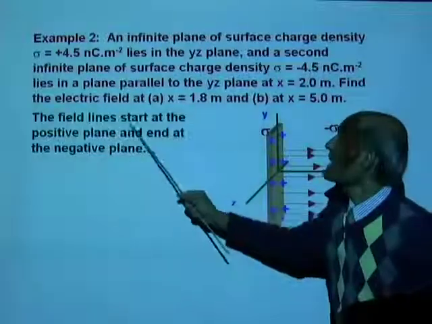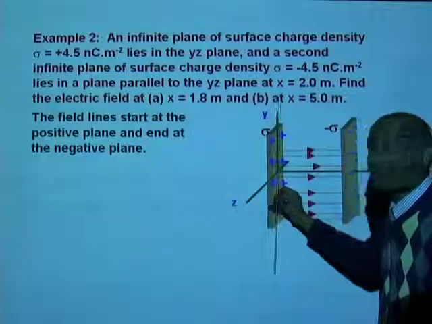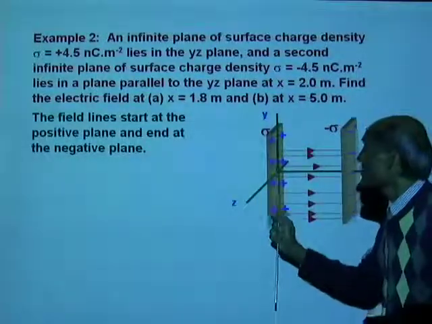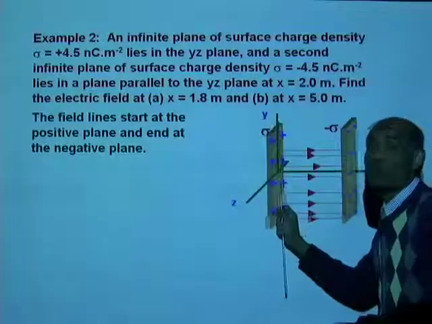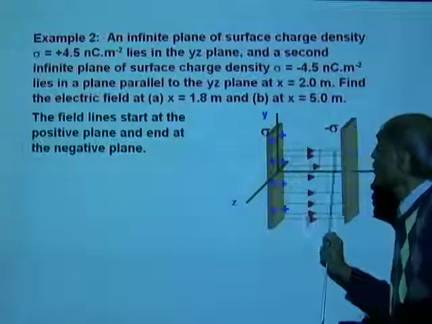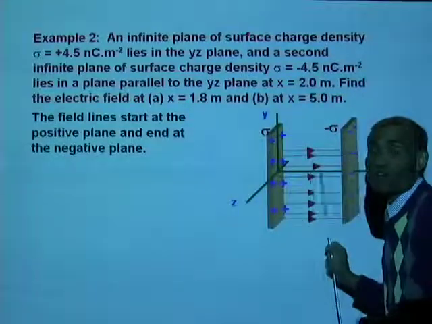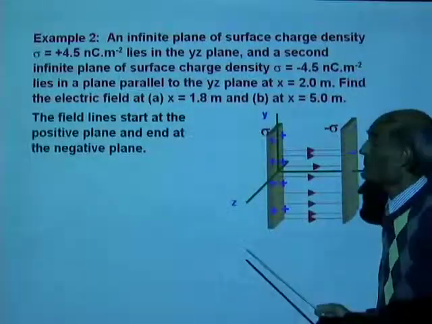Now the field lines start at the positive and go towards the negative. So the electric field lines between these two planes will be like this. They will start at the positive and end at the negative.